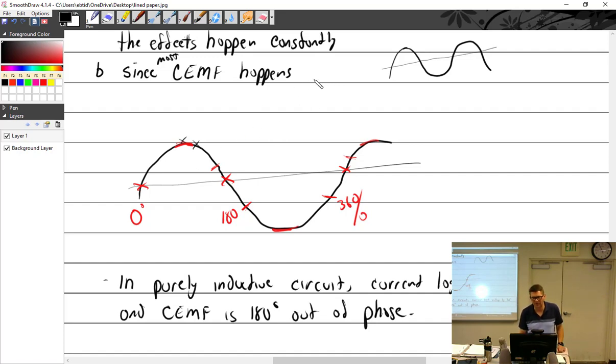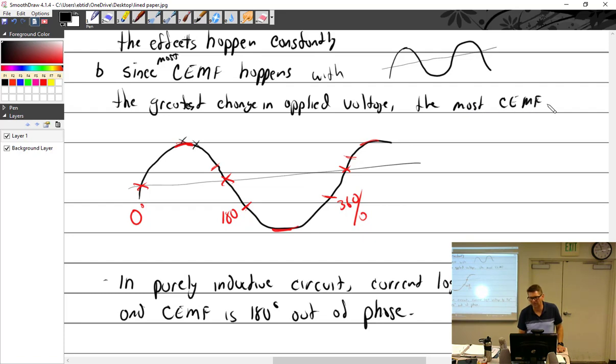Okay, since most counter EMF happens with the greatest change in applied voltage, the most or highest CEMF is at 0, 180, and 360 degrees, which is really the same, 0 and 360, or 0, 180.